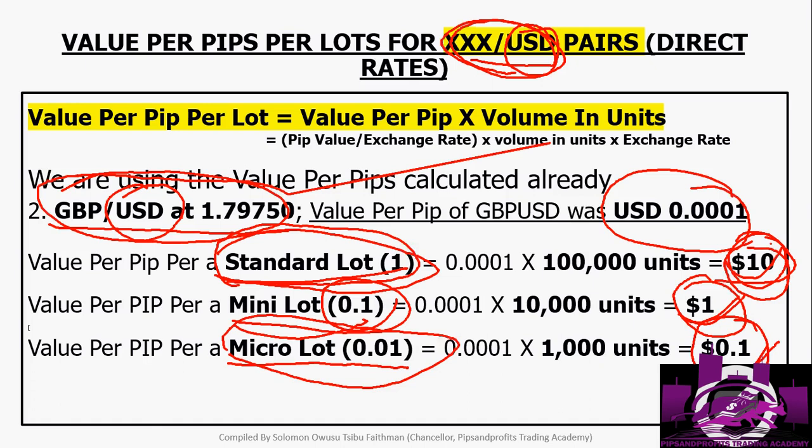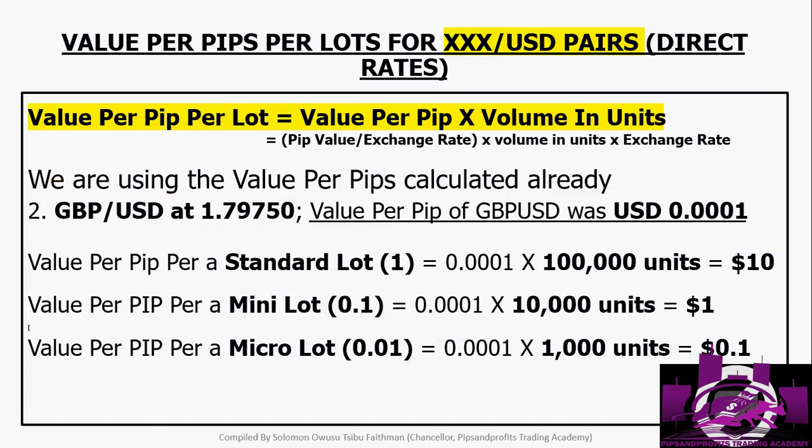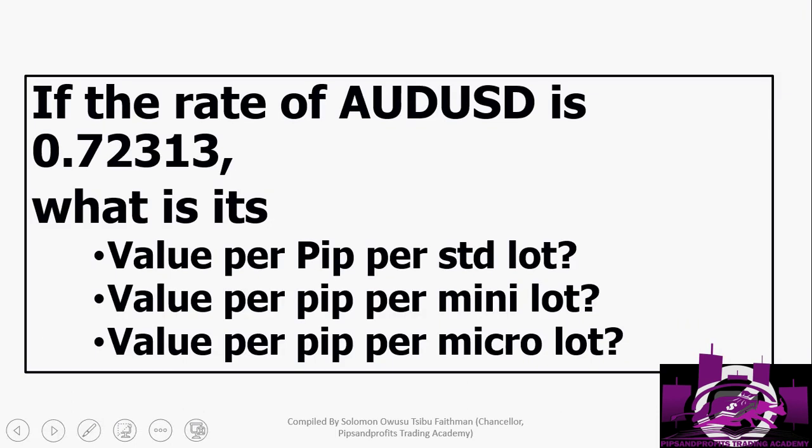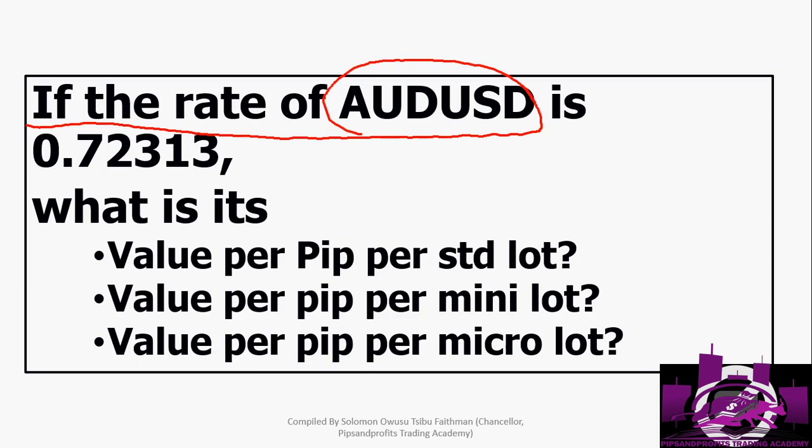Now let's look at the next example that we did. This is a question that I want you to do for me. If you understand all that we have said, I want you to do this question. If the rate of AUD USD is this, what is its value per pip per standard lot, value per pip per mini lot, and value per pip per micro lot?